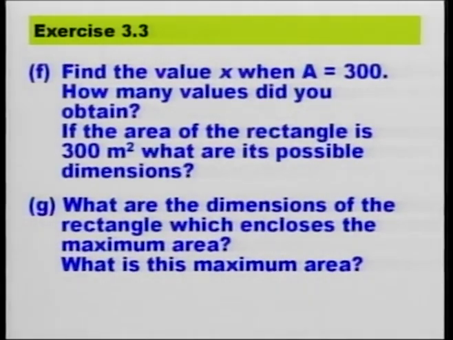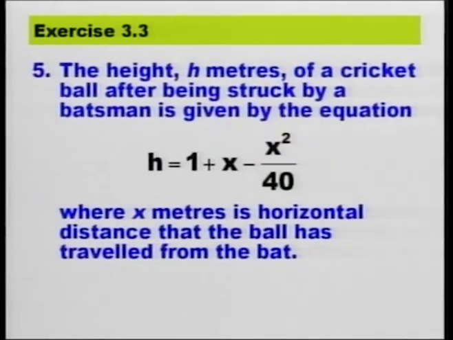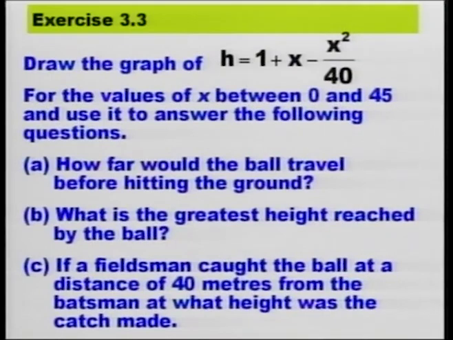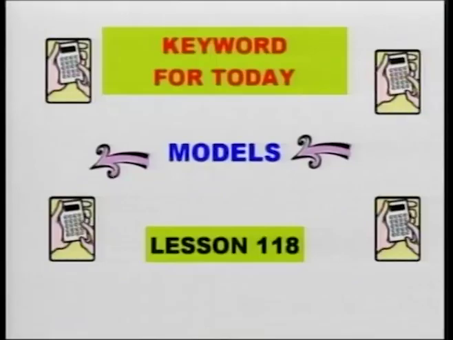Okay, there's another one, the one that talks about the equation of the height after the cricket ball has been hit by a batsman. That's question 5, and that's it. Okay, 3 questions only for homework. The keyword to the pilot teacher is models.